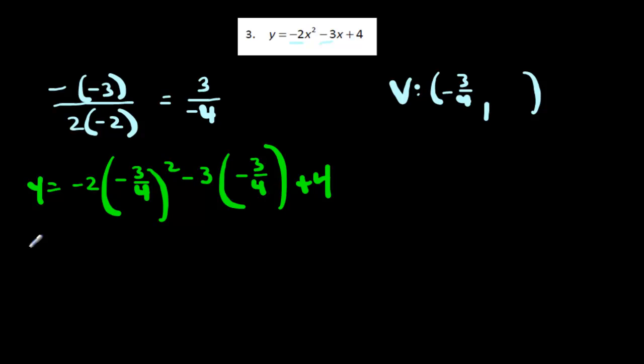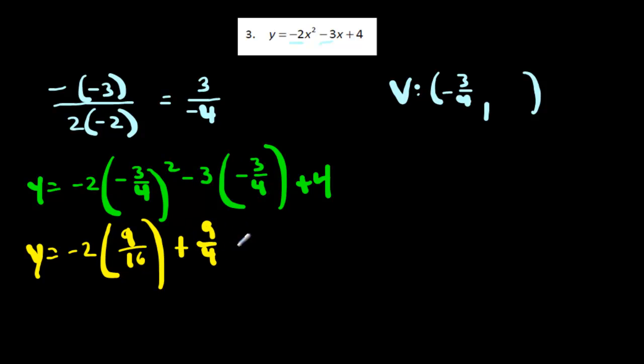Gotta love fractions. So we want to do exponents first. So we'll leave this negative 2 here. Negative 3/4 squared is 9/16. Negative 3 times negative 3/4 is positive 9/4 plus 4.